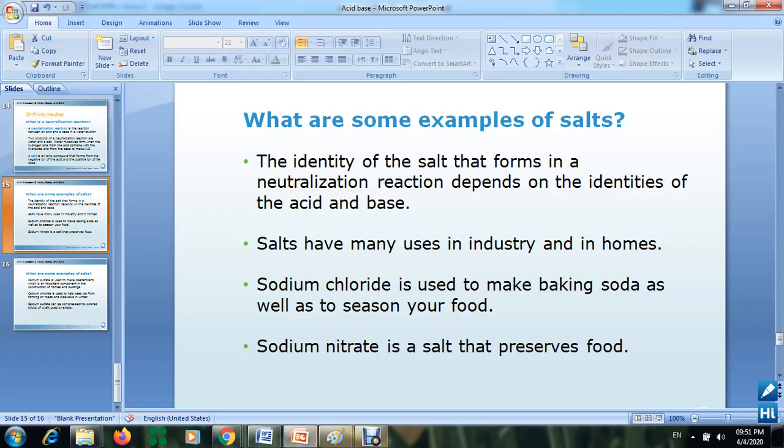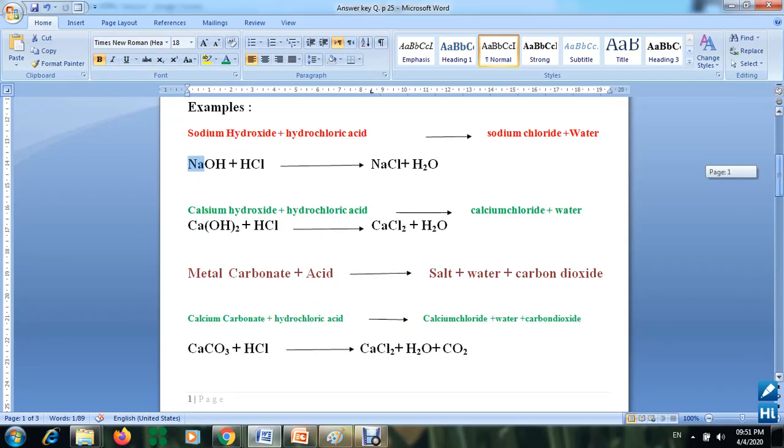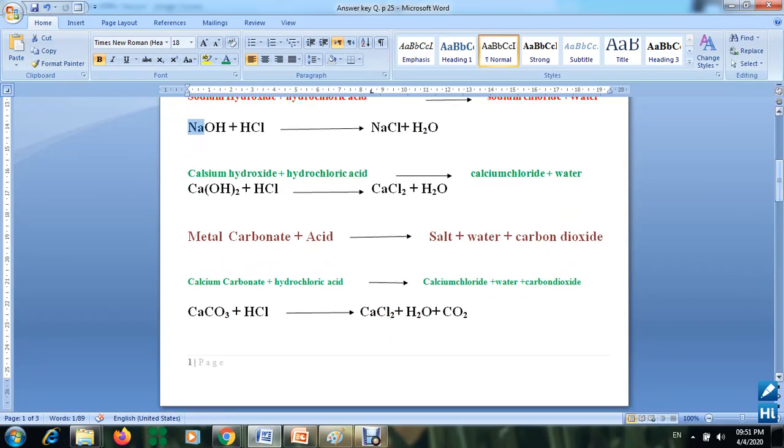I'll give you another neutralization reaction. If you have a metal carbonate, like calcium carbonate or sodium carbonate, and an acid, they will form salt, water, and carbon dioxide.